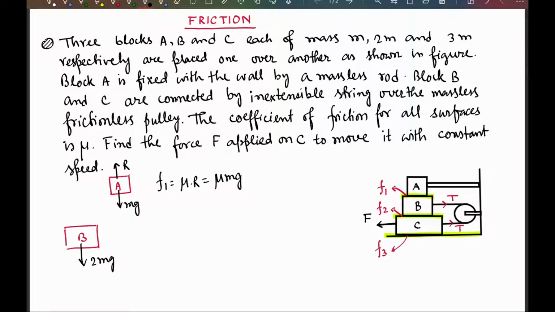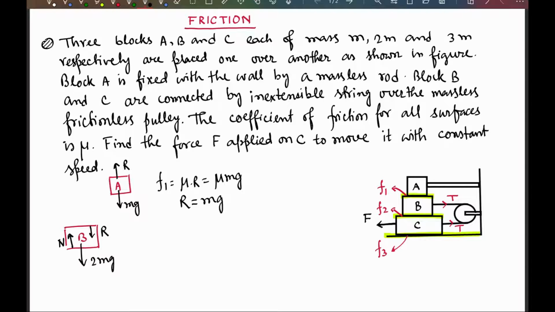Here a reaction force applied by block A on block B is downward, this is R. And another reaction force applied by block C on block B is upward, suppose this is N. From the free body diagram of block A, R is equal to mg.